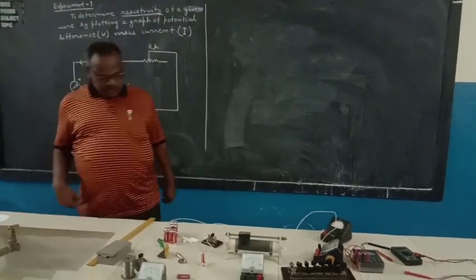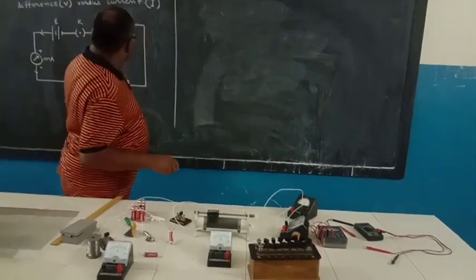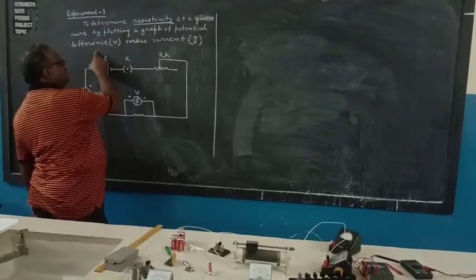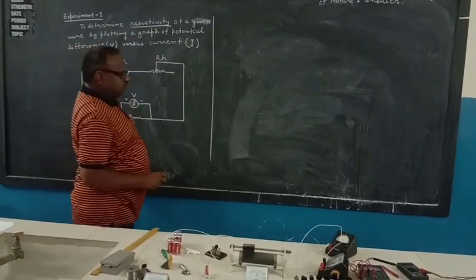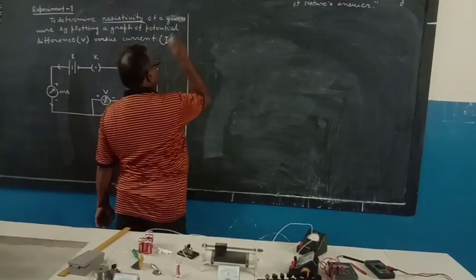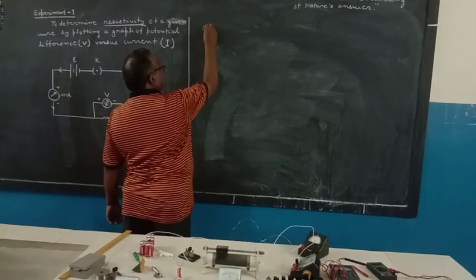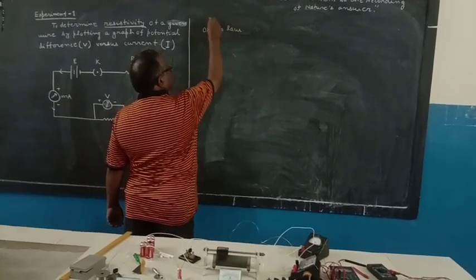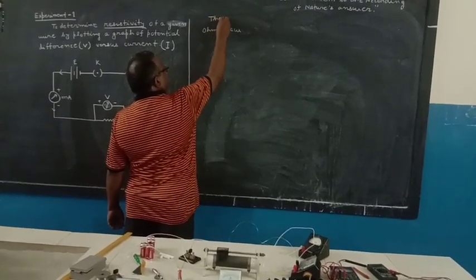Now you know that we are plotting a graph of potential difference versus current. The relation between potential difference and current is given by Ohm's law. That is the theory.